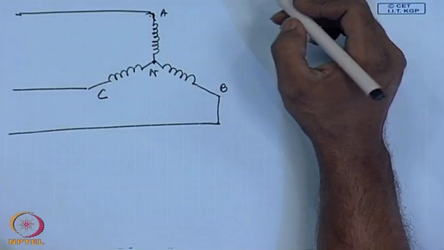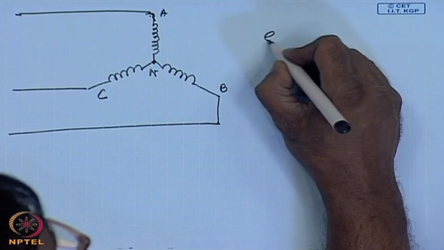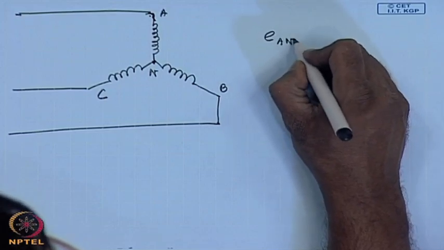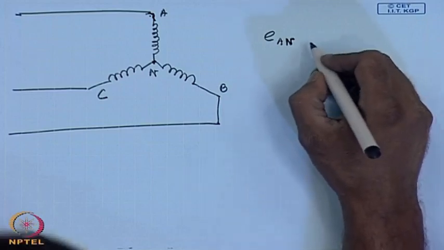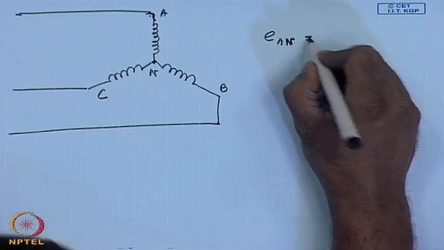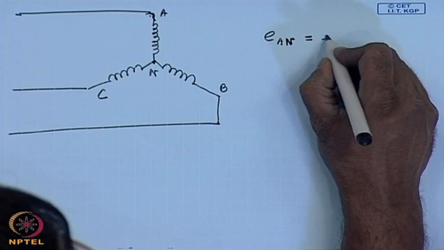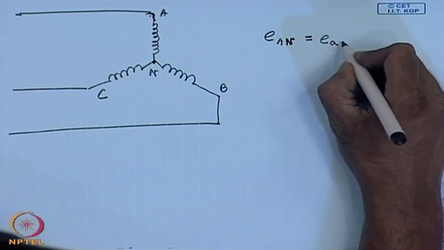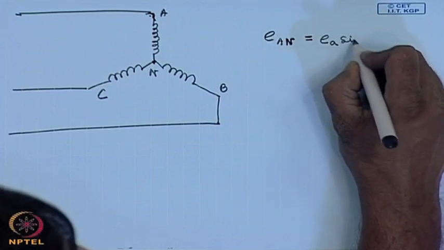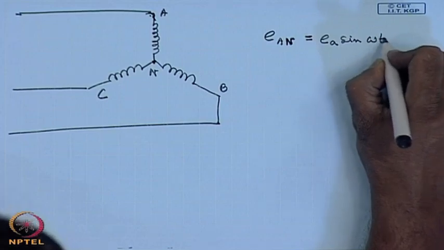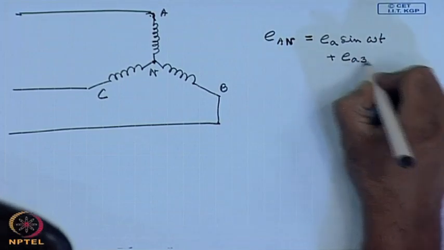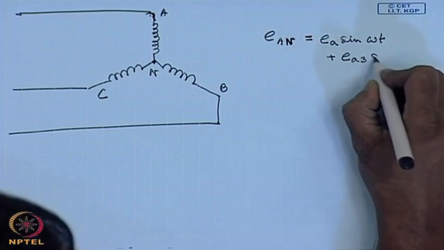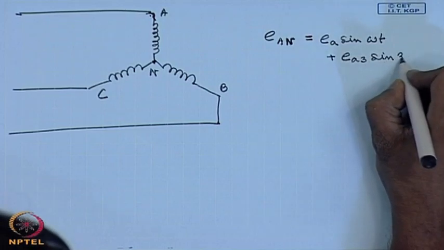induced voltage E A n will also be non sinusoidal with a predominant third harmonic component. So, the E A n can be written as E A sin omega t plus E A 3 sin 3 omega t.